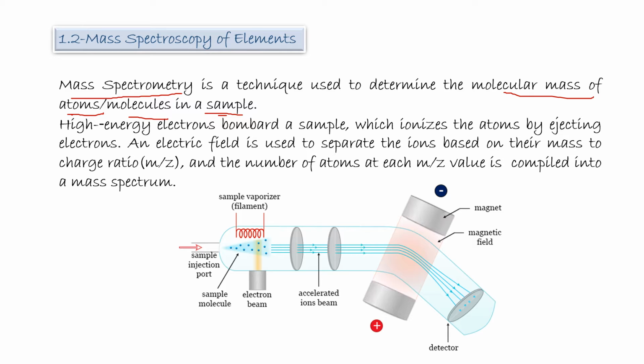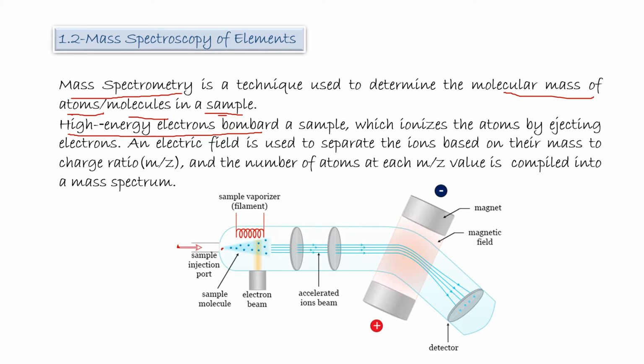What we have to do is take the sample and inject it. The injection could be through direct injection, GC injection, or LC injection. Then we transfer this sample to the gas phase and ionize it, for example, by bombarding with high energy electrons, so it will become ions.